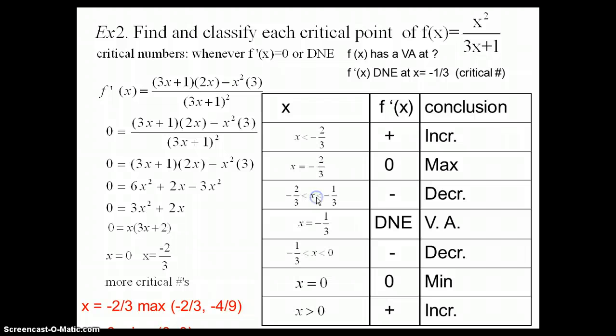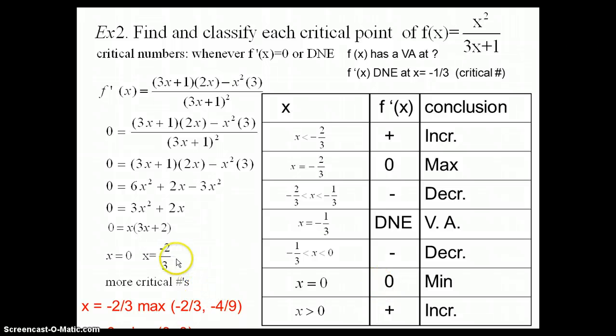So if we chart this out, I've got my critical numbers here at negative 2/3, negative 1/3, and 0. All right, and then I've got all my intervals in between on either side. So here, here, here, and here. And then we figured out what our derivative value is. So we know our critical numbers were 0 here at negative 2/3 and 0.